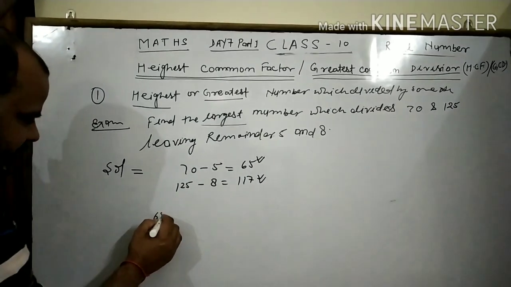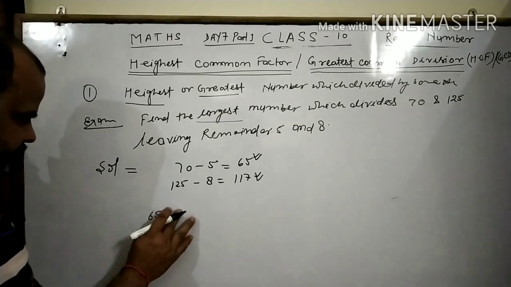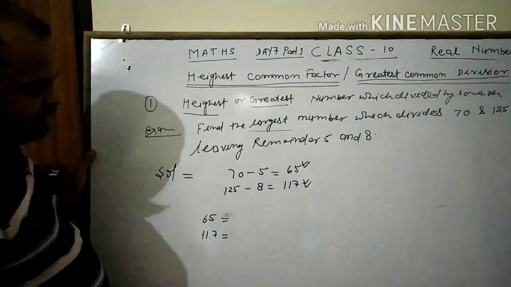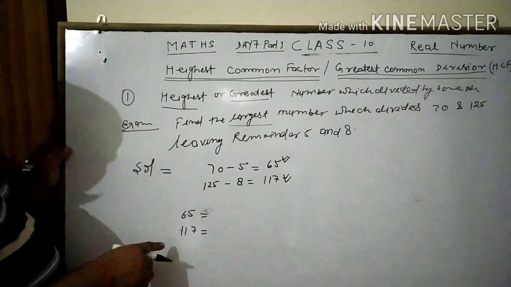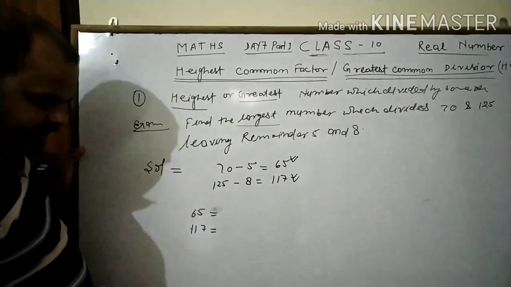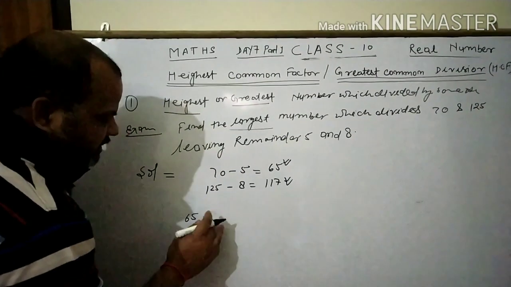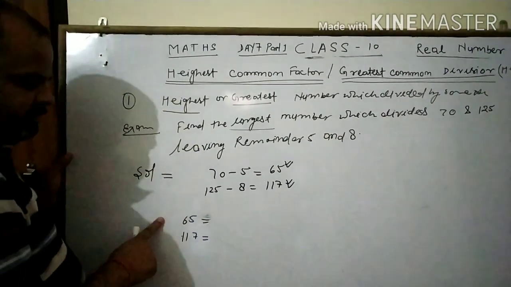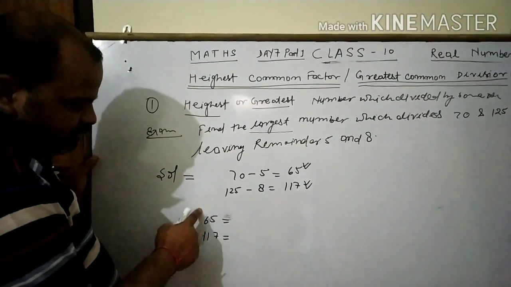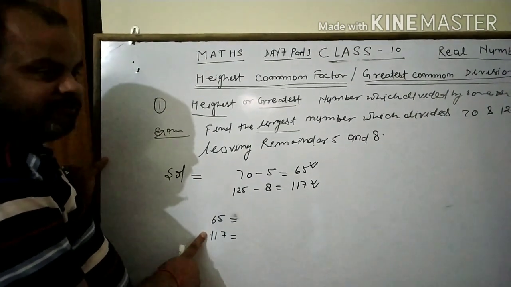For 65 and 117, you can use the prime factorization method, or the fundamental theorem of arithmetic. That means both are composite numbers and we can write their prime factors.